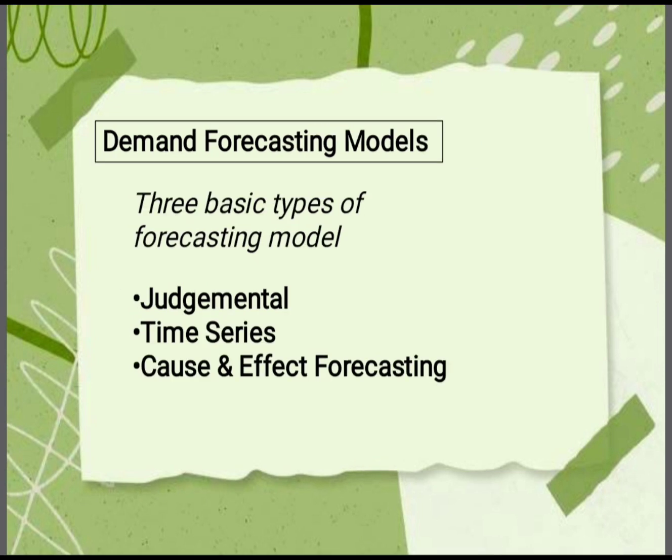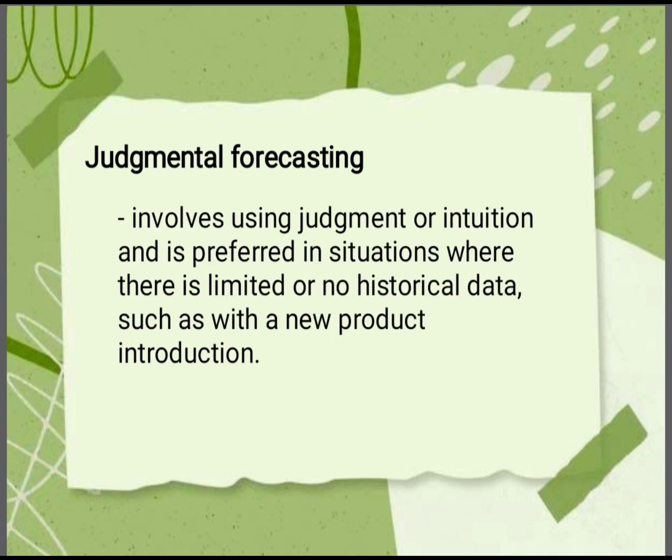Demand forecasting models. There are three basic types of forecasting model. First is judgmental, second is time series, third is cause and effect forecasting. Judgmental forecasting involves using judgment or intuition and is preferred in situations where there is limited or no historical data, such as a new product introduction.